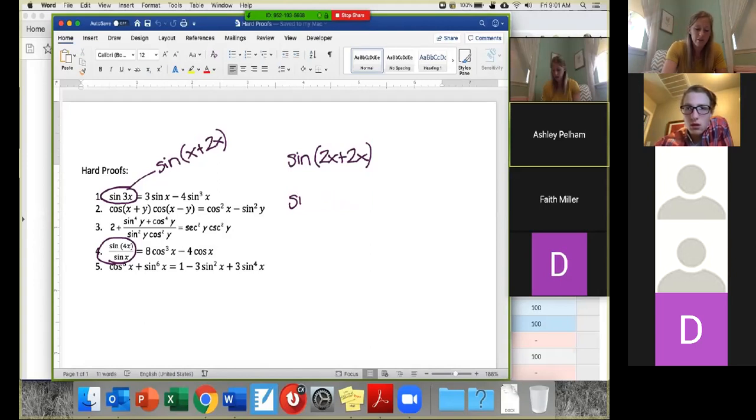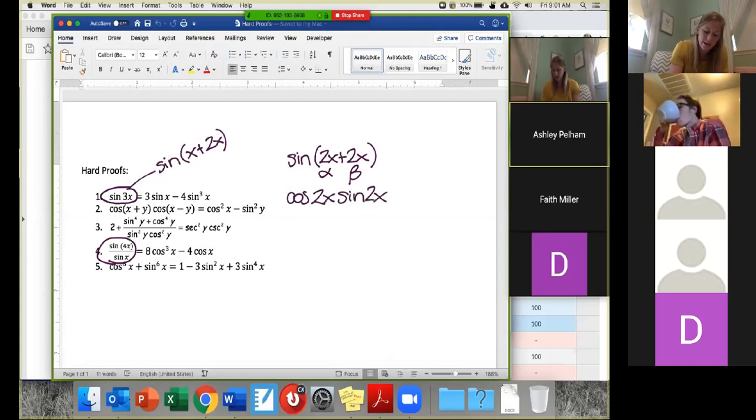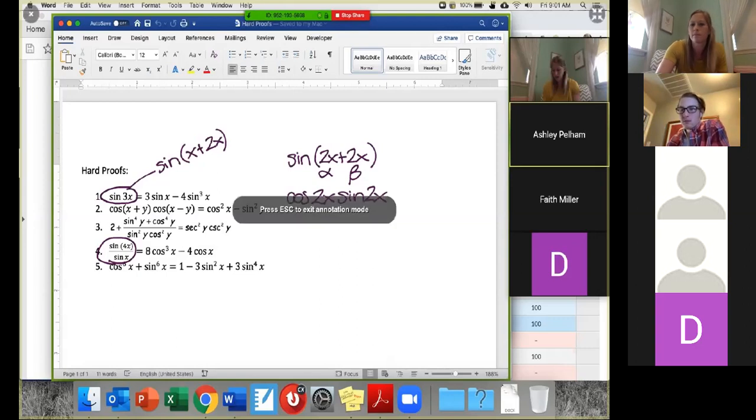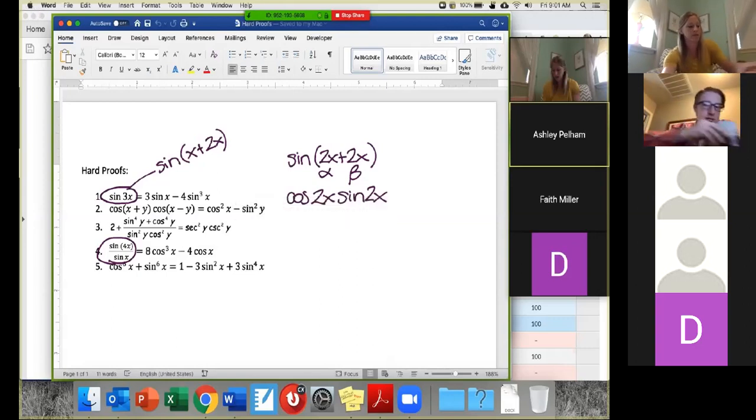Okay. So if I go to my sum and difference formulas, that's going to use 2x as both my alpha and my beta. So my sine addition formula tells me that this expands into, I believe it's cosine 2x, sine 2x. Is it minus in that formula? I always say this, and I should know better. Let me see. I have my formula sitting here. Juggling all my papers.